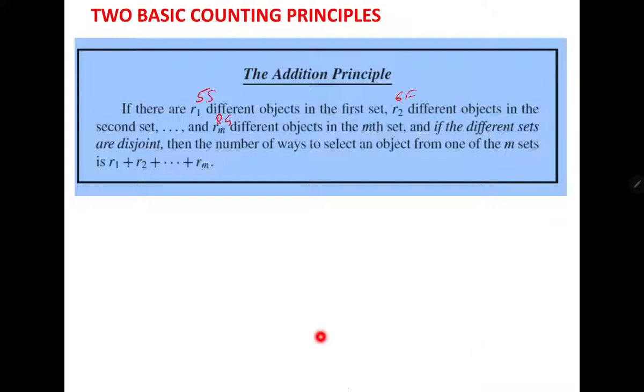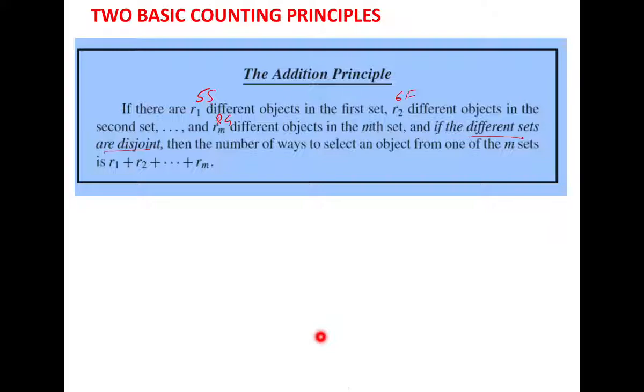So if there are R1 different objects in set 1, R2 in set 2 and so on, and if the different sets are disjoint, then the number of ways to select an object from one of these sets is R1 plus R2 plus up to Rn.